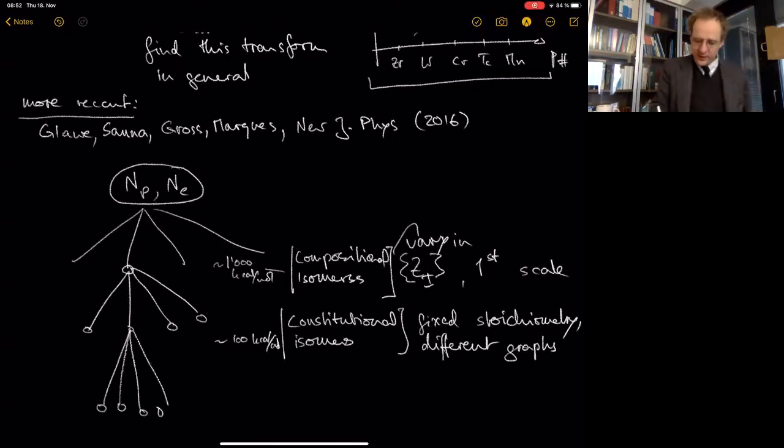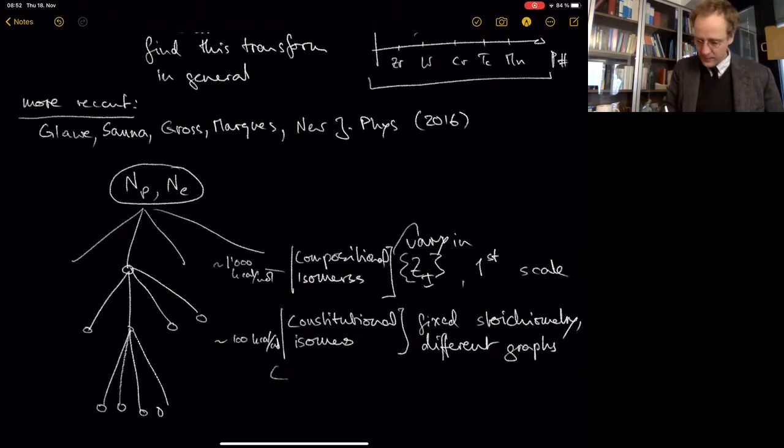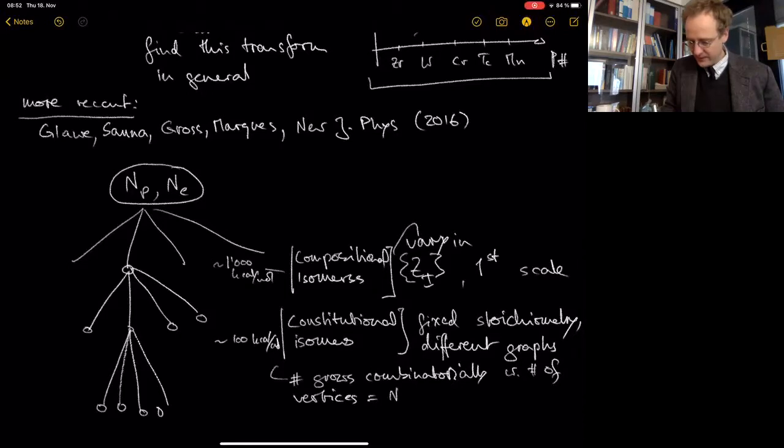And then for any constitutional isomer, the number of graphs, right, is known to grow combinatorially with the number of vertices, which is the number of atoms.